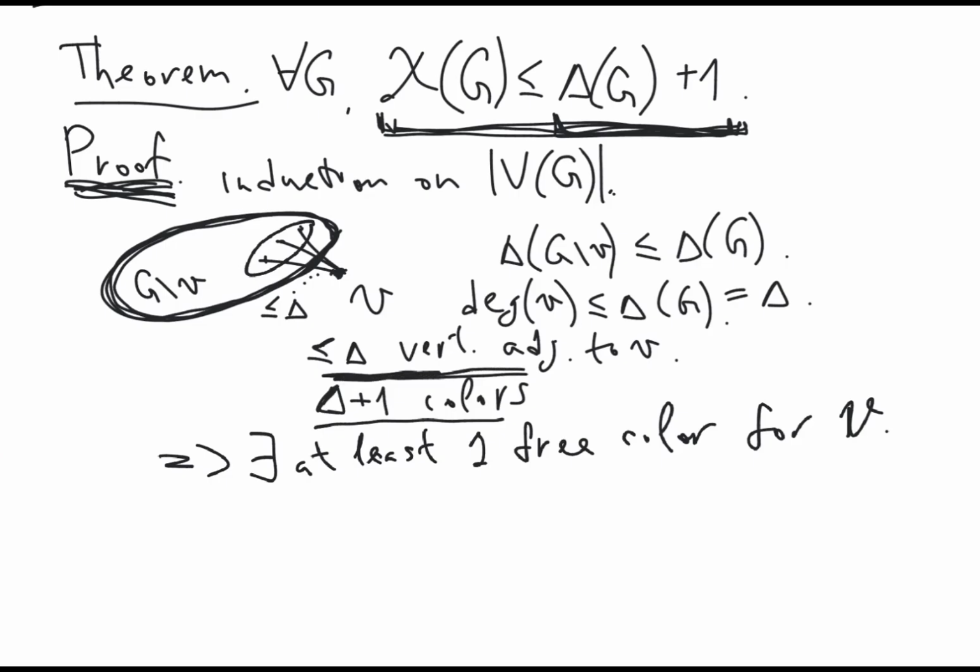We have at most delta vertices adjacent to v, and each of them is colored into some color. Some of them could be colored into the same color, but in the worst case they are all colored into different colors.